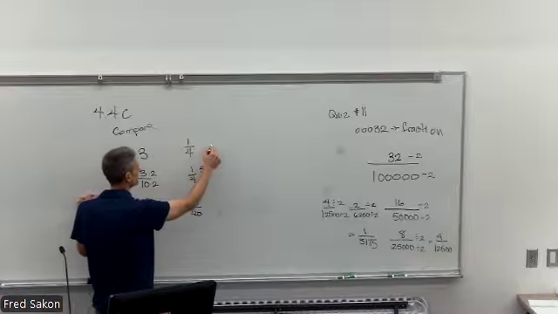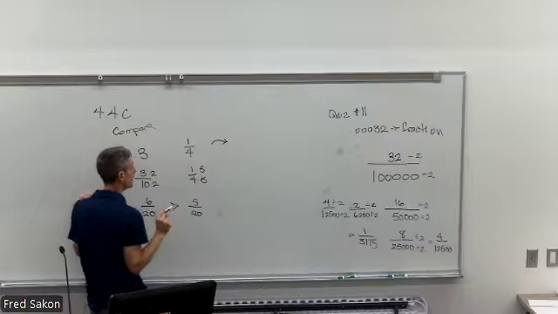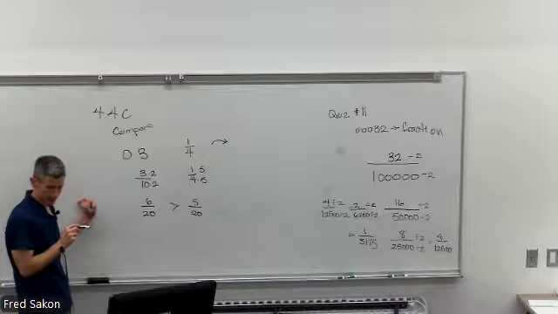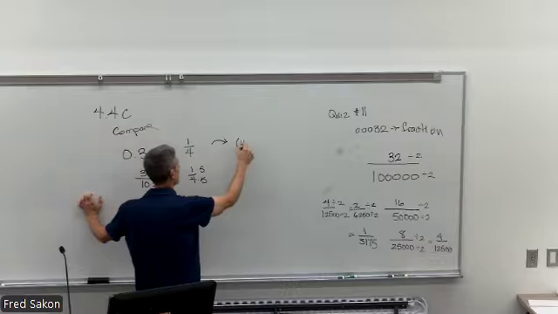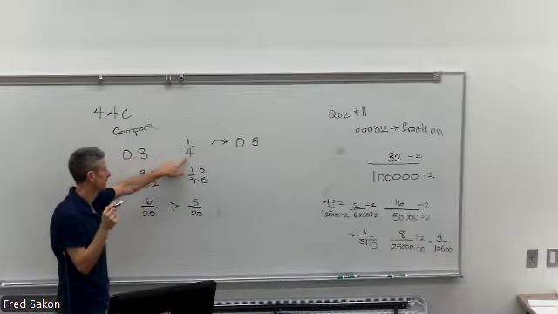Let's go a little bit different direction than what you see on the paper and say, I want to keep it in decimal form. What is this as a decimal?